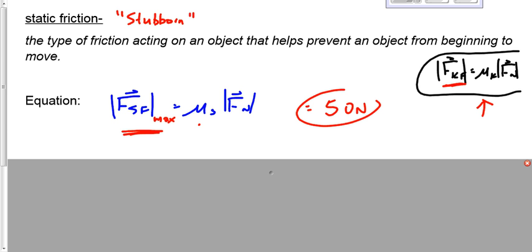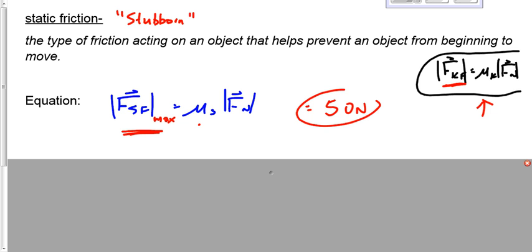Because kinetic friction, listen carefully to what I'm about to say because there can be a misunderstanding here. Kinetic friction is not necessarily less than static friction, but kinetic friction is always less than the maximum value of static friction. So in this situation where the maximum value is 50 newtons, I push with 30, doesn't move. 40, doesn't move. 47, doesn't move. 48, doesn't move. 49, doesn't move. 50, moves.